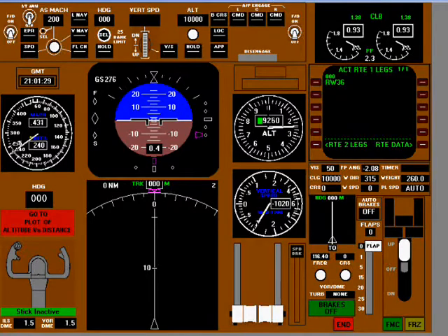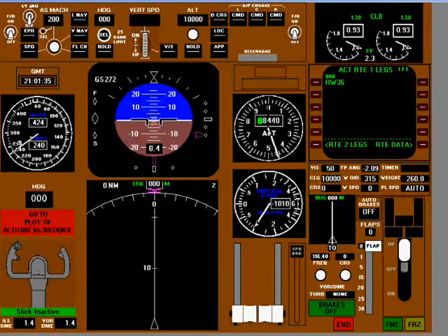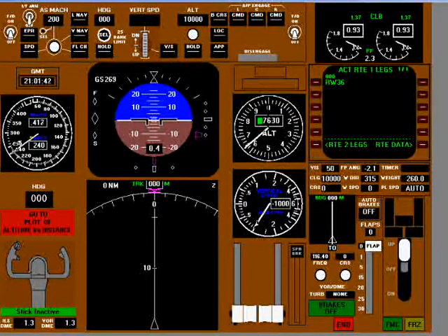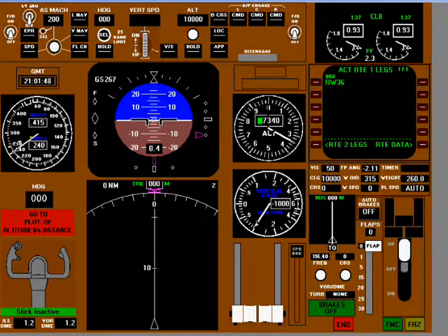We will next level off at 7,000 feet and simultaneously slow down to 210 knots. Using an appropriate lead, we will rotate to the zero rate pitch attitude to capture the altitude.